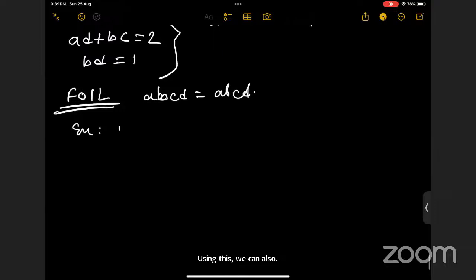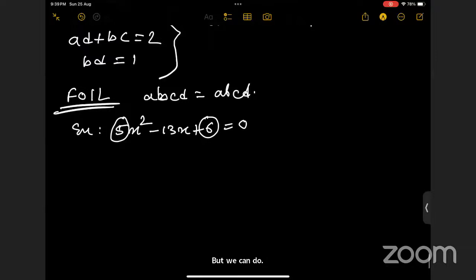So for example, if we have 5x squared minus 13x plus 6, we want to use the FOIL method to solve this. So what can we do? We have the multiplication of these two terms as 30, right? So we have to express this minus 13 as the addition of two constants such that the multiplication of these two terms will be 30 again, right?